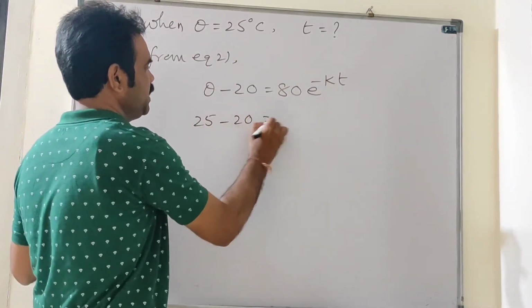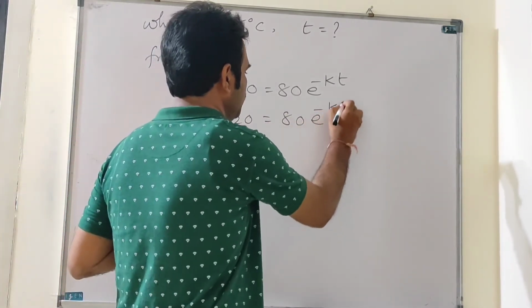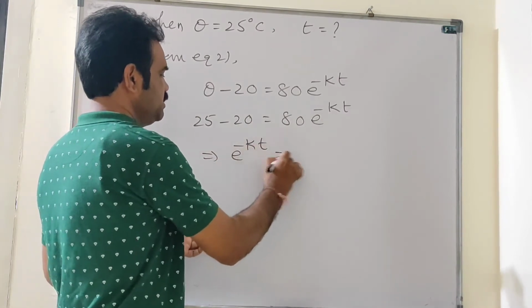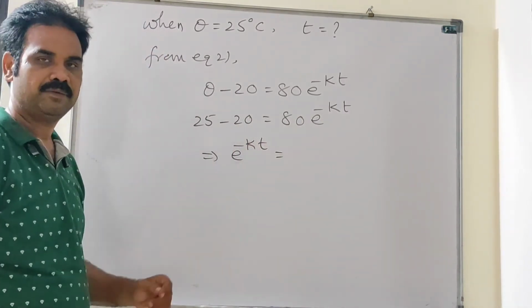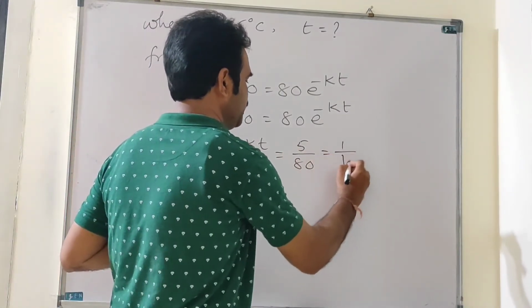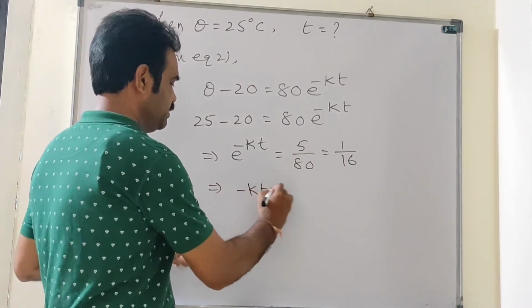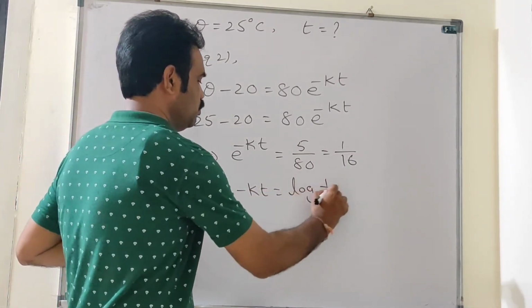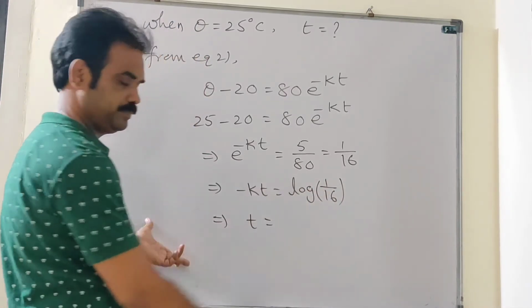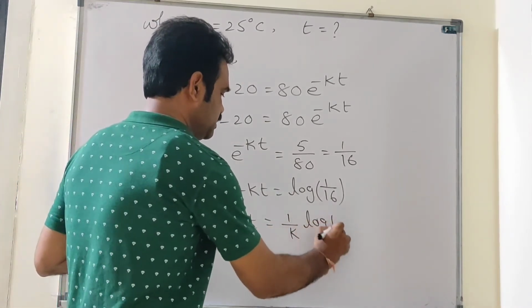So 25 minus 20 is equal to 80 e power minus kt, which implies that e power minus kt is equal to 5 by 80, that is 1 by 16. This implies that minus kt is equal to log 1 by 16, so t equals 1 by k log 16.